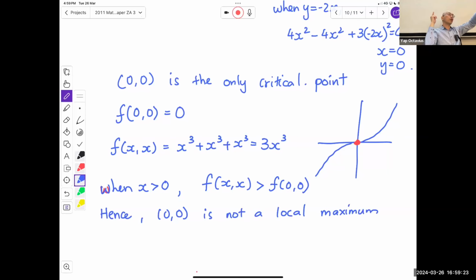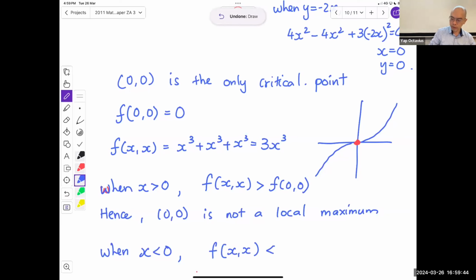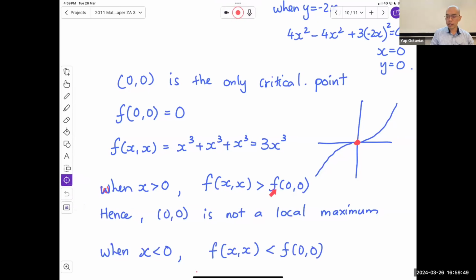So now we're going to show that it is also not a minimum. So now we take the other side, when x is less than 0. So think about this. What's the value of this? Is it less than the f of 0, 0? This is your stationary point.